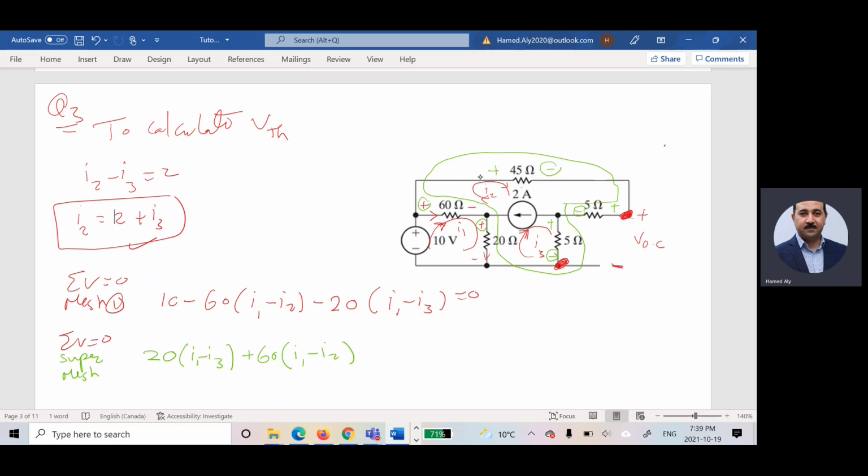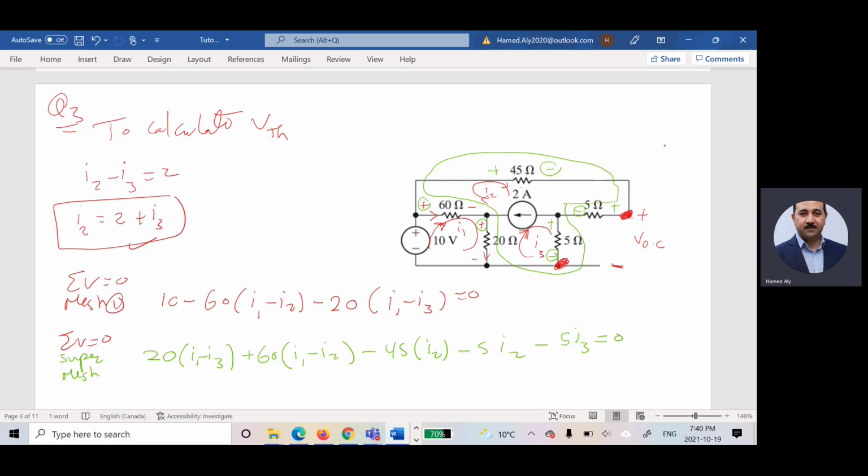And then for this guy, the second sign is negative, 45 times. And then for this guy, 5 times I2. Did I miss anything? This guy will be 5 times I3 is equal.